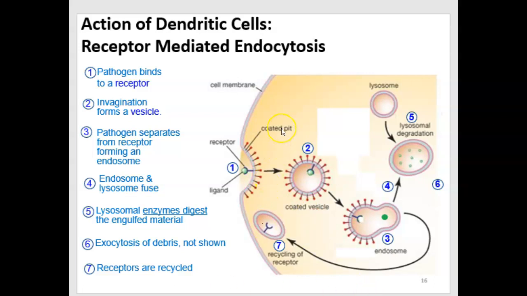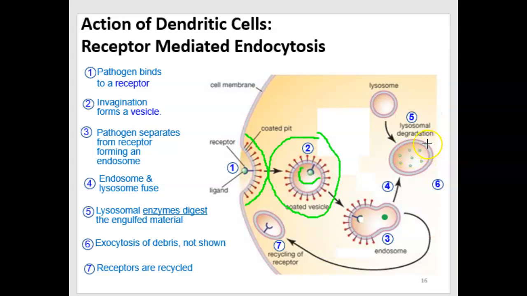And on the opposite side of the membrane where the receptor exists are specific molecules. Here it's called a coated pit. The molecules are called clathrins, which you don't have to know. But from here, a similar process happens, right? So the pathogen binds to a receptor, and you get the formation of a vesicle on the inside of the cell containing that pathogen. It just happens to be bound to a receptor.